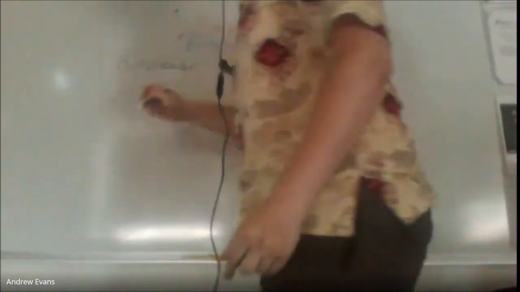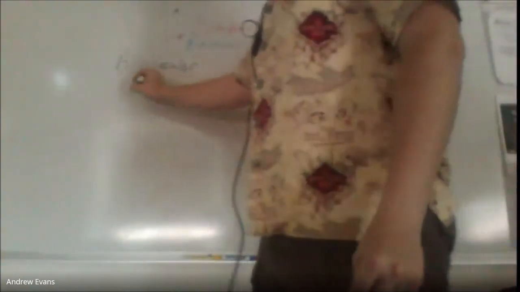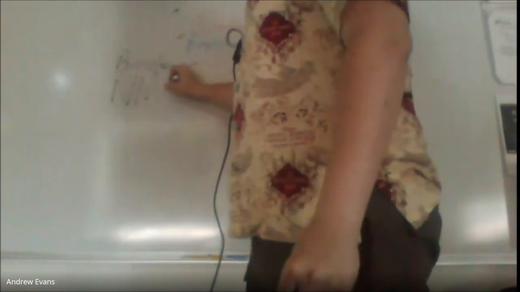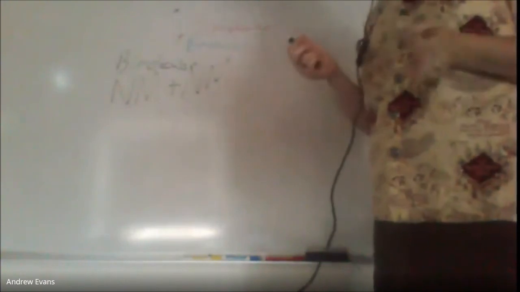Of course, now, molecular. I might need to write bigger too. But basically, binary molecular is non-metal plus non-metal, the whole rightmost quadrant of the periodic table.